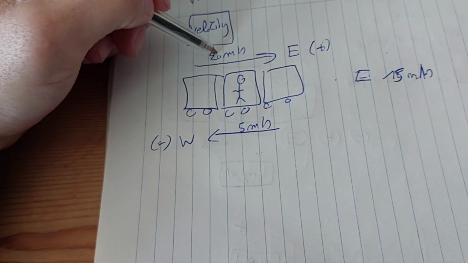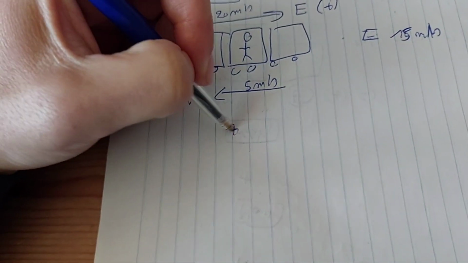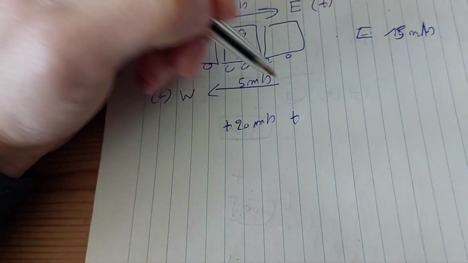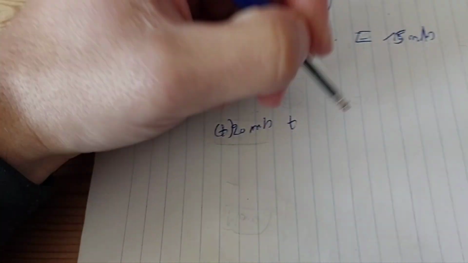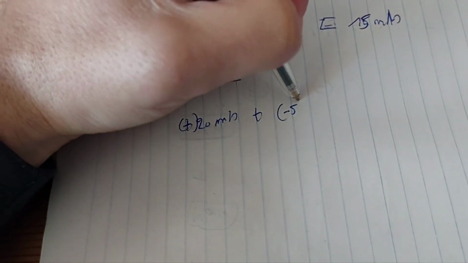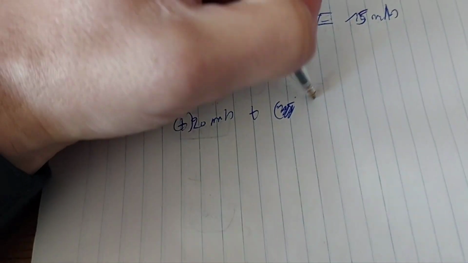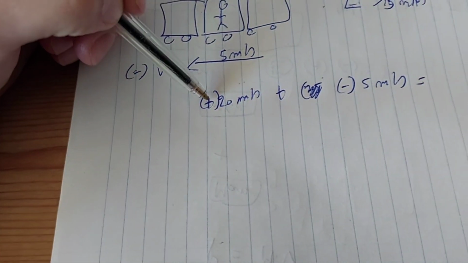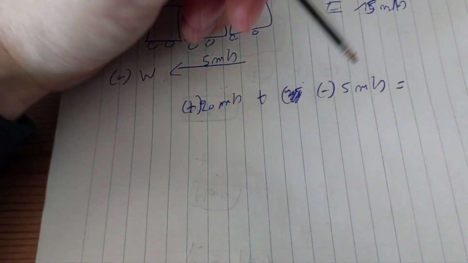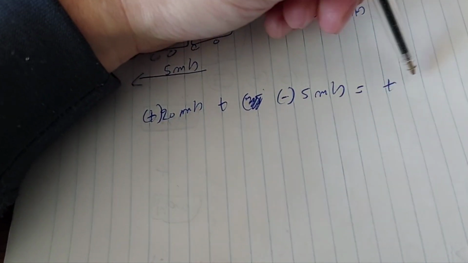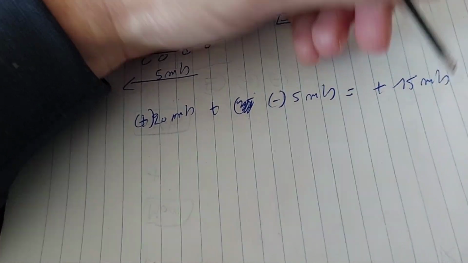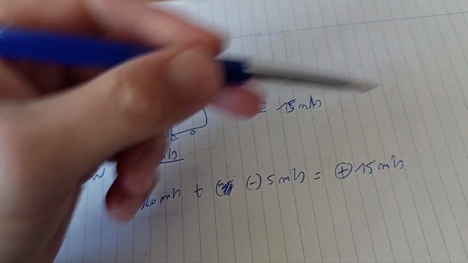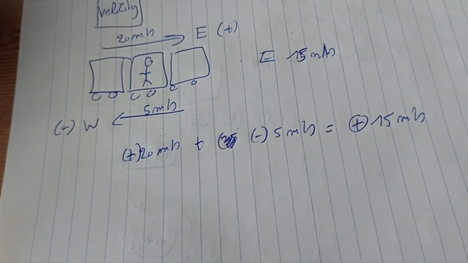Now we always have to add them. So now we have positive 20 meters per second, plus a negative 5 meters per second, and that equals positive 15 meters per second. Now the positive only indicates that it's going to the right side, in this case, positive 15 meters per second.